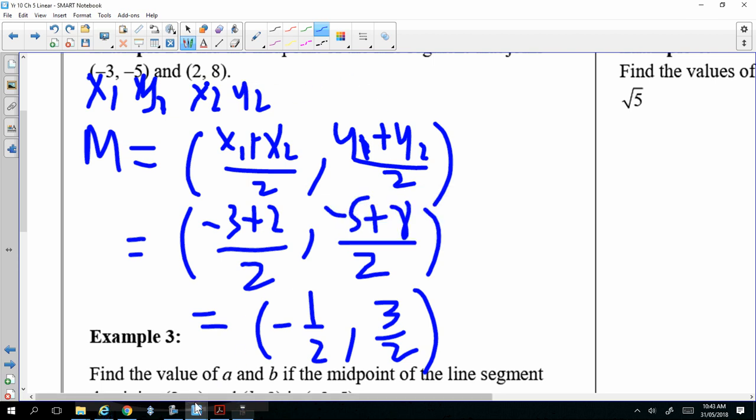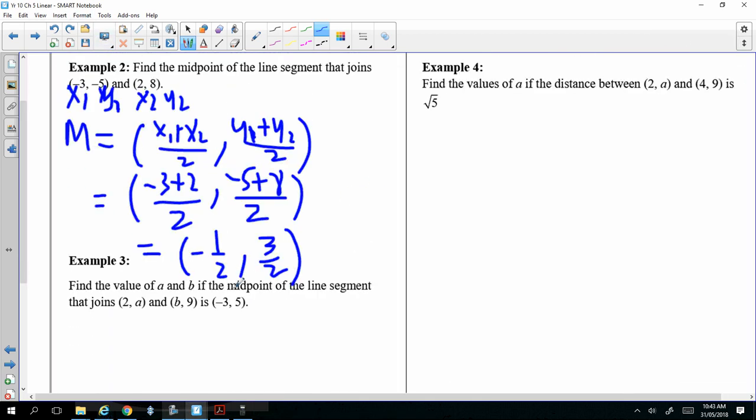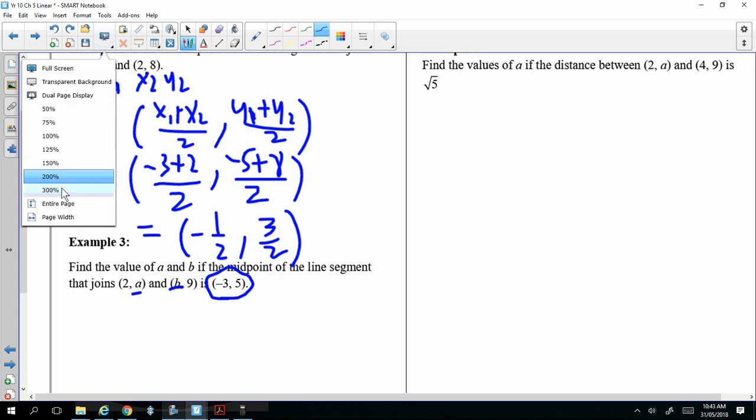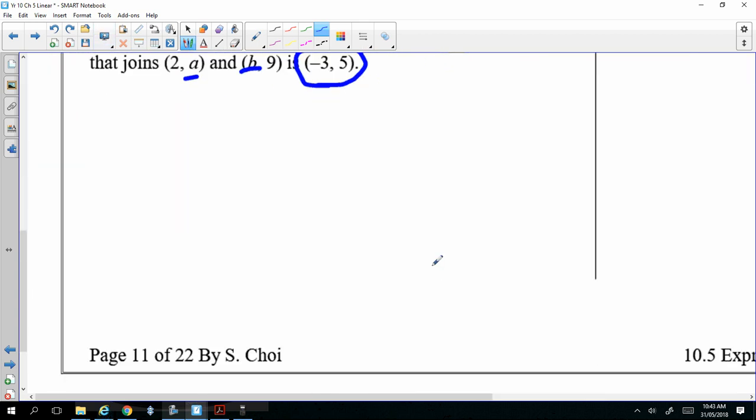Right. Let's continue. So we're going to go through the next one where you have to find the missing points given the midpoint. Okay, so find the value of A and B if the midpoint is negative 3 and 5. Okay, so you just have to do it in reverse and solve the equation. So firstly, we're going to find the midpoint of these two.